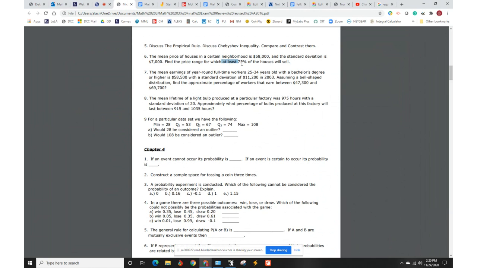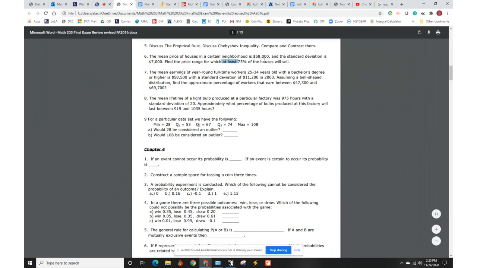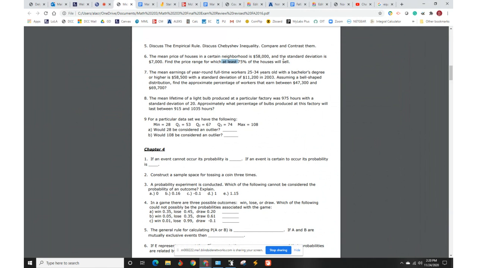I'm sorry, whoa, back up. Two standard deviations is 75%. Three is 89%. So what you would do is two standard deviations. So 2 times 7 is 14,000. So subtract 14,000 from 58 and add 14,000, and that would give you the two endpoints.